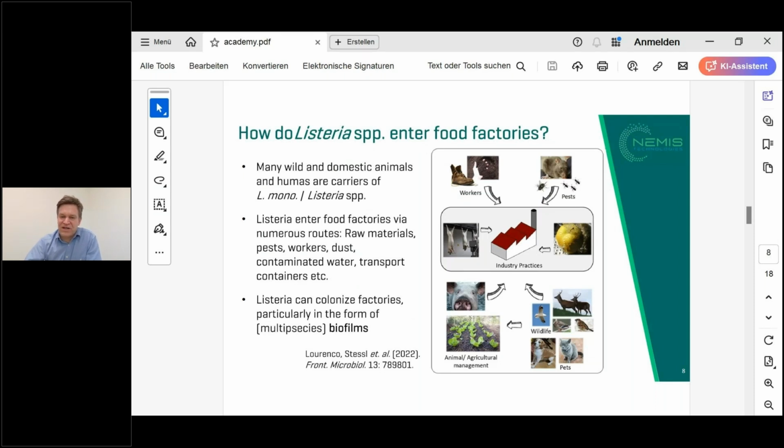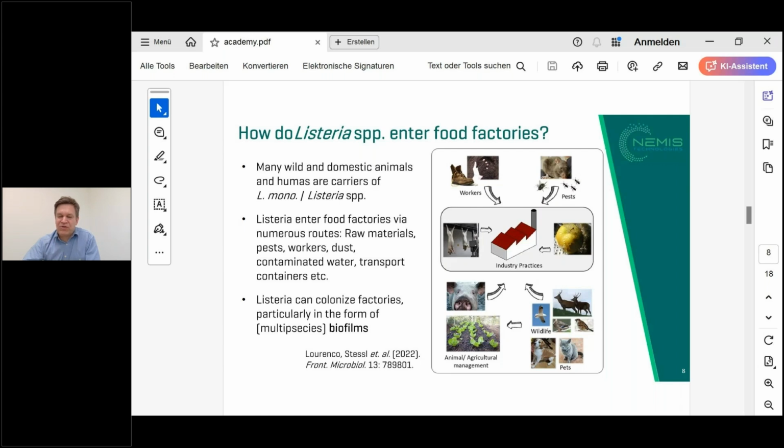Because they're so widespread, and an additional problem is that many wild and domestic animals and humans can also be carriers of L. mono and Listeria spp. without knowing it, because they will not get sick, but still can shed these bacteria over prolonged periods of time.